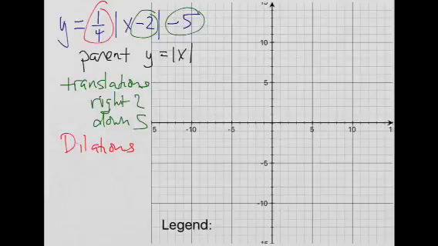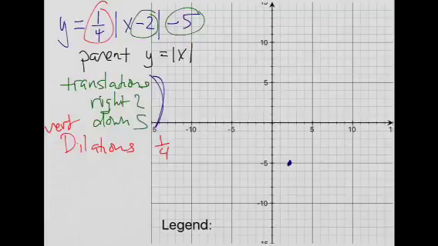And I have a vertical dilation of 1/4. And since it's positive, I have no reflection. So now to go ahead and graph this, I'm going to start with my translation. Right 2, down 5. Gives me my vertex right here.